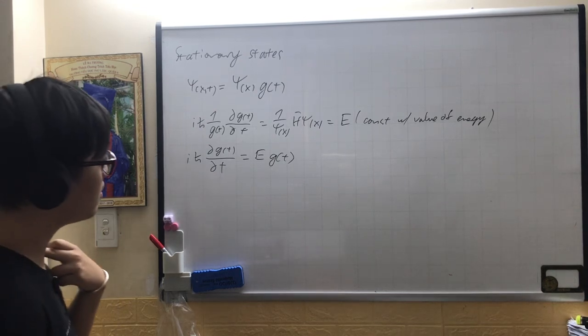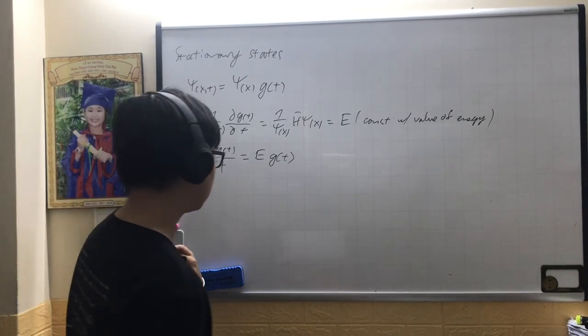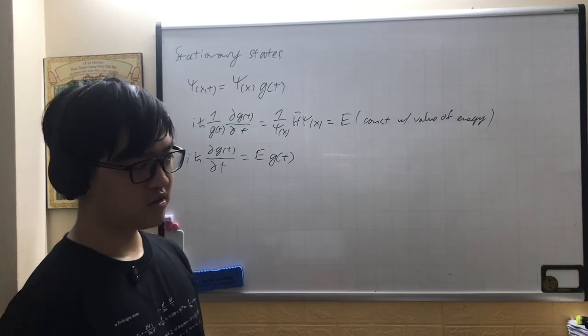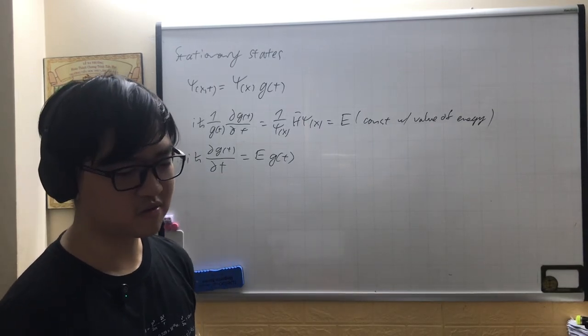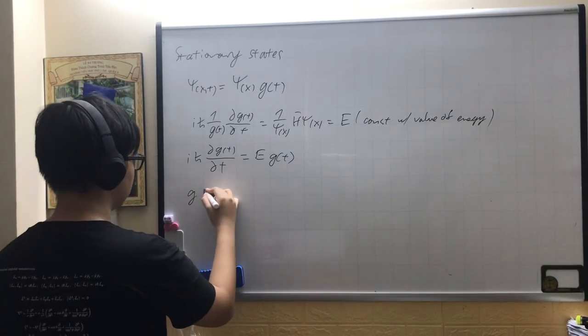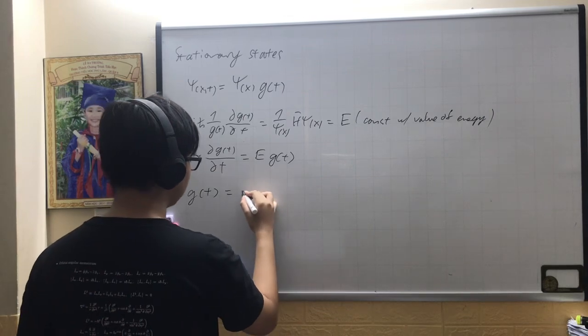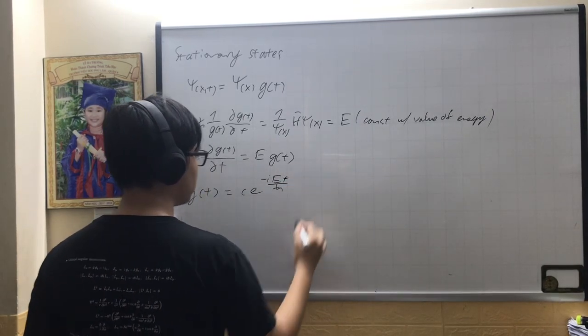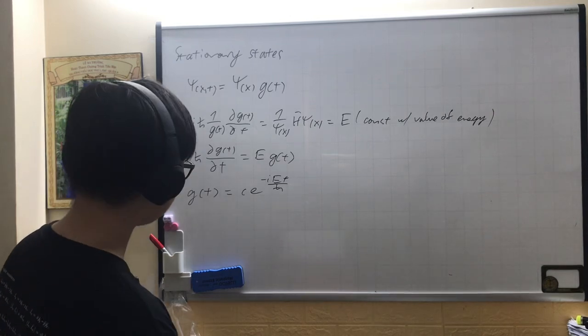I think you've seen this before. What you would get is an exponential function, c e to the minus iEt over h bar. This is what you would get.